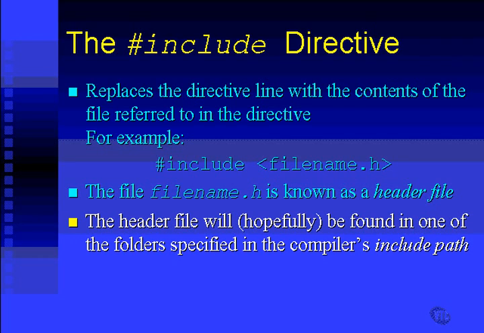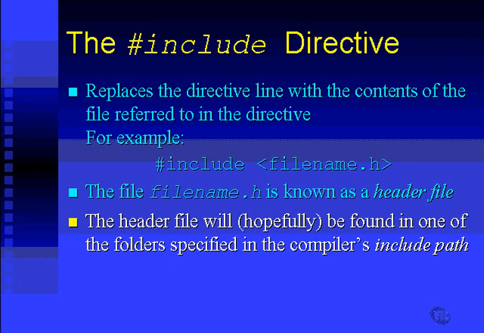There usually is only about 4 or 5 different directories where it goes to look for filename.h. This list of directories that it looks through in order to find header files is known as the include path. I'm going to show you the include path for the Dev-C++ compiler in just a moment.